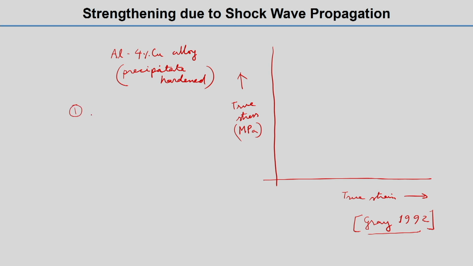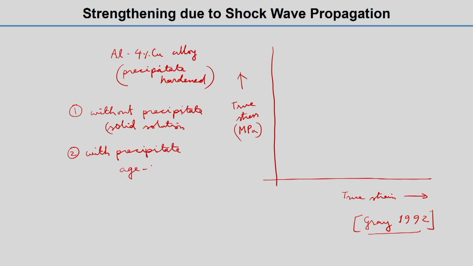Case number 1, without precipitate, that means the solid solution, and the other one is with precipitate, that means precipitate hardened or age hardened. You can check how we do age hardening, how to produce the precipitate; we are not going to discuss that. But first we will take the solid solution one. So, what we will draw first is the first case, without any precipitate.